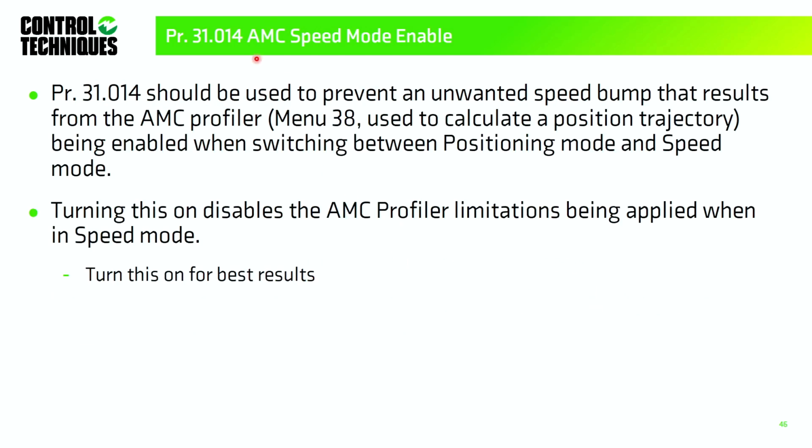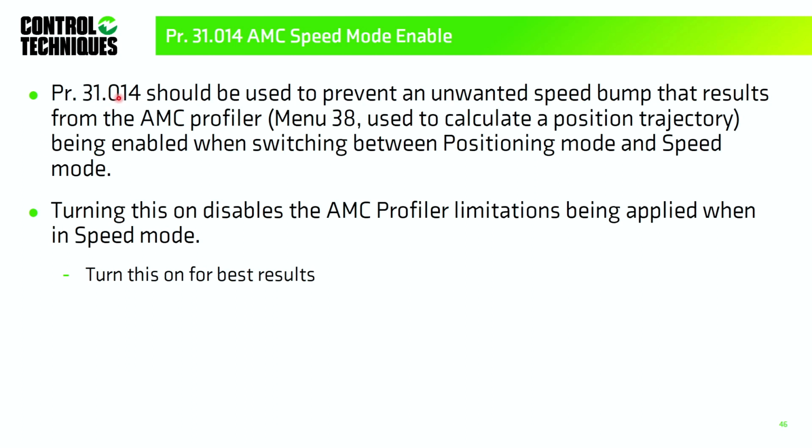Menu 31, parameter 14 is AMC speed mode enable. You should turn this on to prevent an unwanted speed bump when the AMC profiler is enabled and switching between any of the relative, absolute, and speed modes. There might be a speed transition, a bump, when I'm shifting between speed mode and one of the positioning modes.